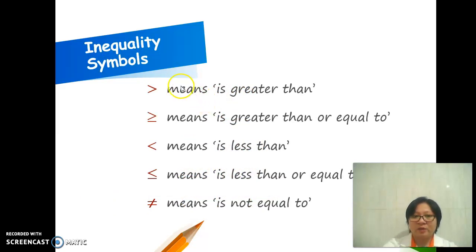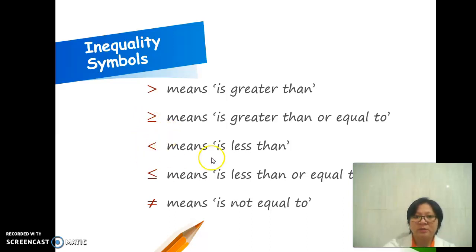There are 5 inequality symbols here. 1, 2, 3, 4, 5. The first one means it's greater than or is more than. The second one means it's greater than or equal to. As you can see, there's an additional line at the bottom here. It means the inequality contains equality.